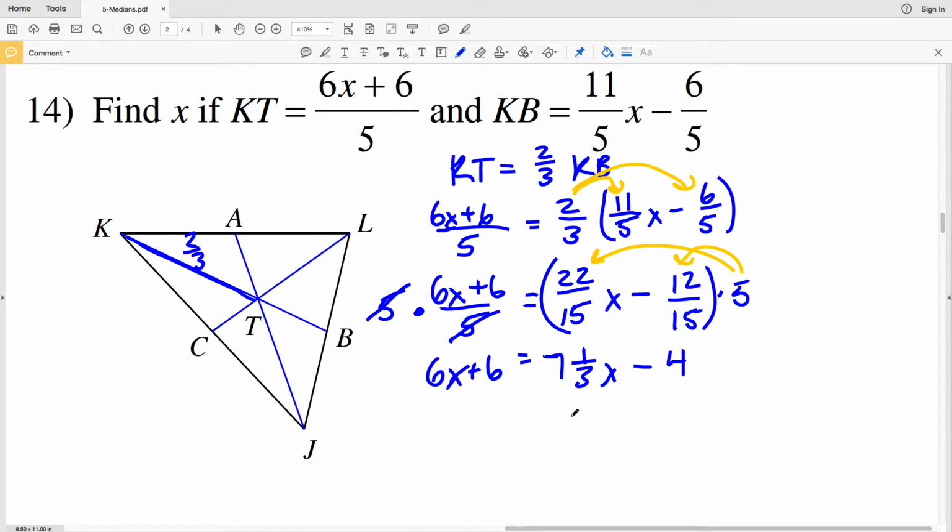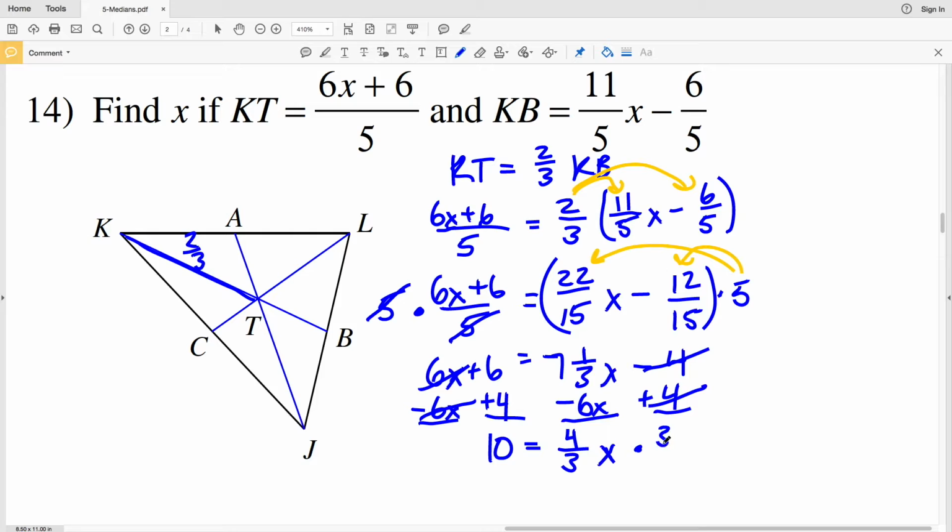So now I'm going to move my terms with x to the right, so subtracting 6x from both sides, and I'm going to move my terms without x to the left, so adding 4 to both sides. 6 plus 4 is 10, and 10 is equal to 7 1/3 times x minus 6x, which is 1 1/3 x, which we can write 1 1/3 as 4/3 x.